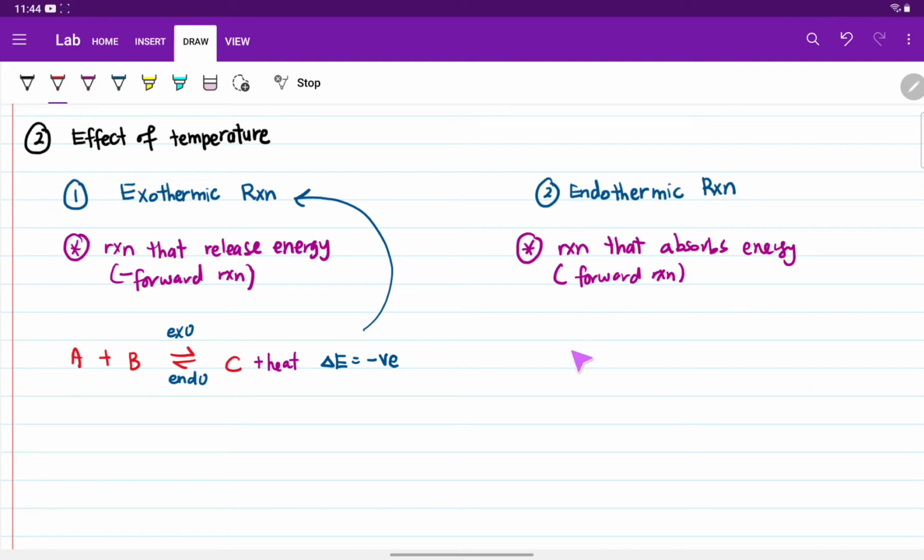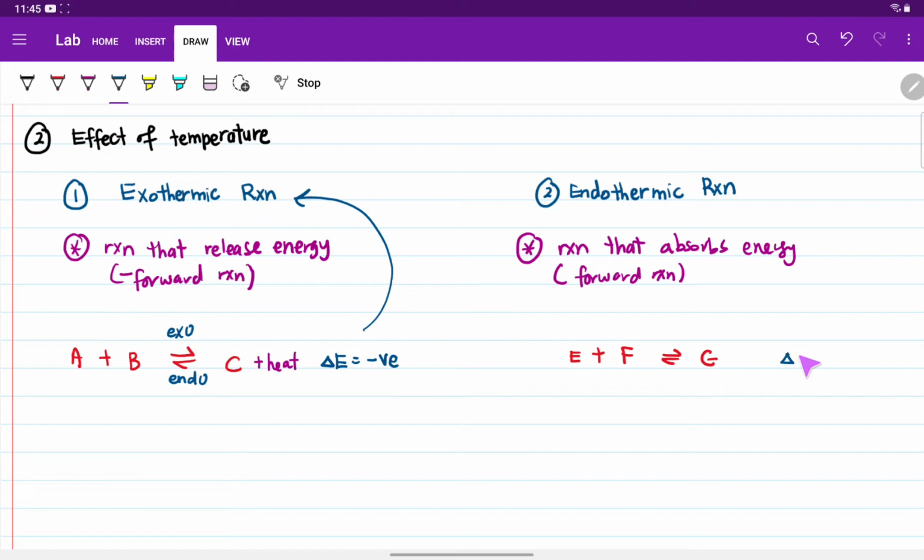Sebagai contoh, saya ada reaction of E plus F to produce G. Katakan E tambah F untuk hasilkan G. Now, untuk reaction berlaku, macam mana saya boleh tahu yang dia ni adalah endothermic reaction?